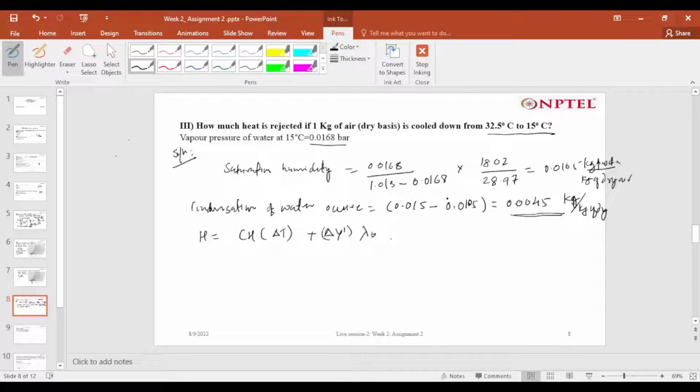Here, I think, okay, sorry. Thus delta humidity means this one, 0.0045, into the latent heat of vaporization of water at the reference temperature.